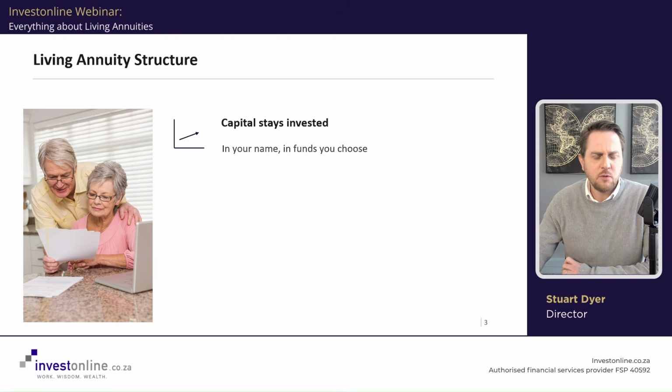So just to start with, in section 1, I'm going to go through just a bit of the definitions around living annuities and what the product rules are. Simply, a living annuity is a post-retirement investment vehicle.